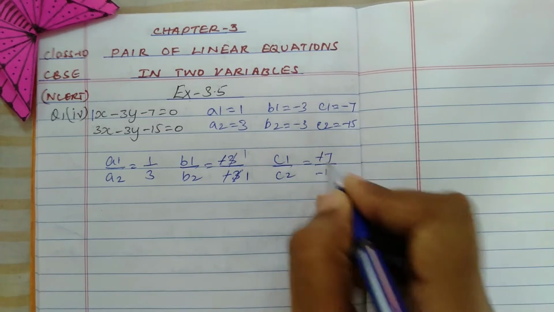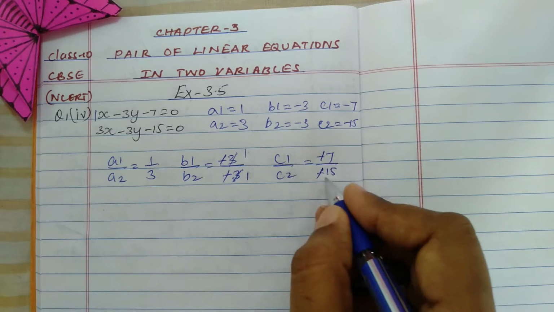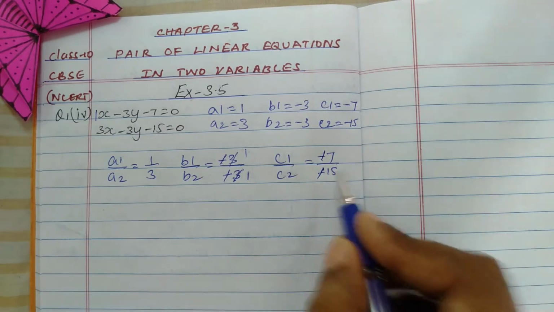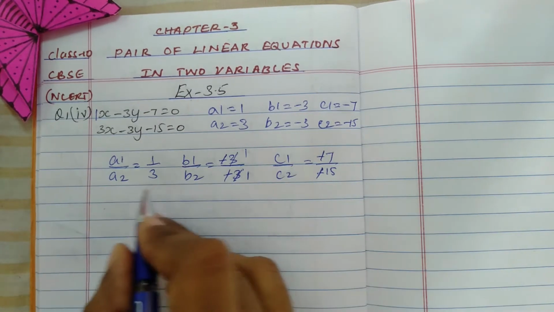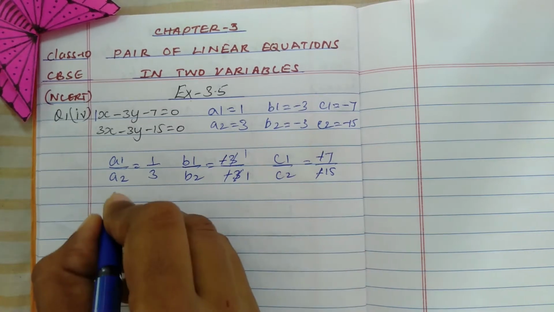And here also minus and minus will get cancelled, but I cannot divide these numbers using a common number, right? So I cannot do anything about this. Now from here we can understand, let me write it over here.